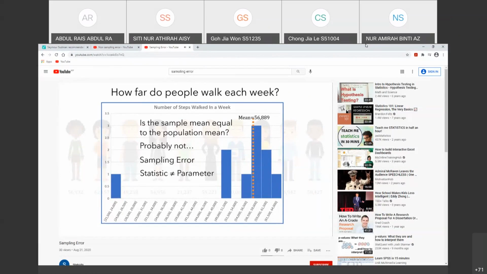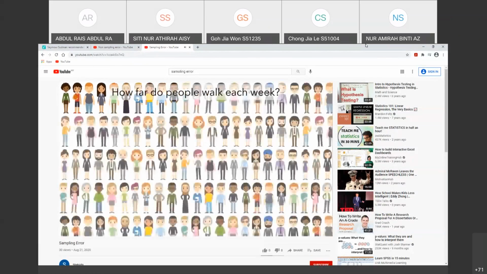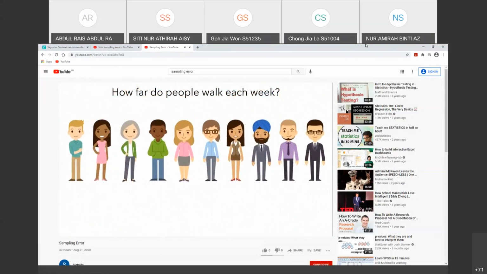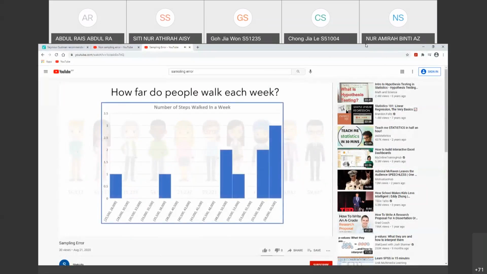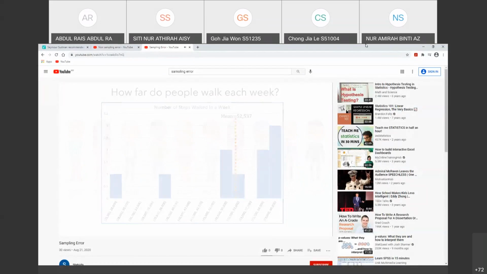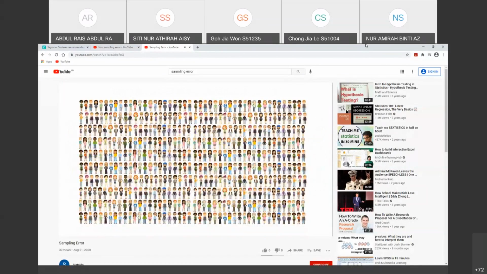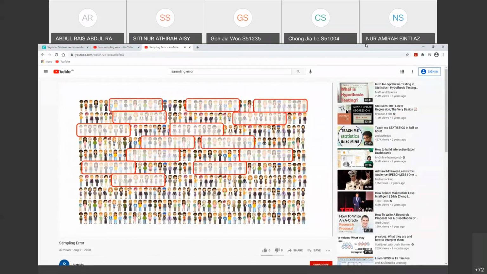Let's go back to the population and think about this a bit. What if, instead of our original sample, we had randomly selected a different group of 10 people? And we collected data from everyone in the sample, then looked at the distribution of these data, which would again be a distribution of a sample, and would have its own sample mean. And if we think again about the entire population, we can see that there are many, many possible samples of 10 people we could have randomly selected from the population.